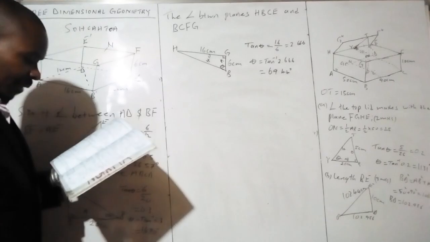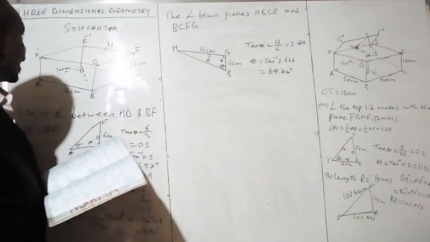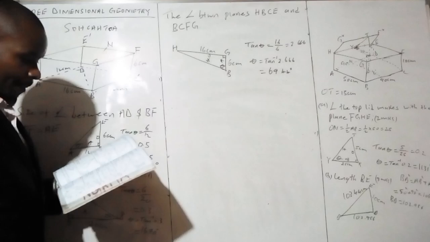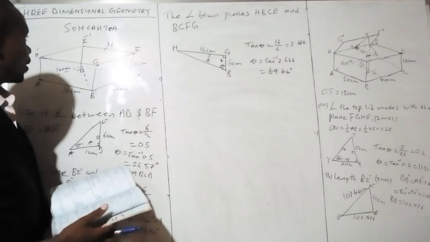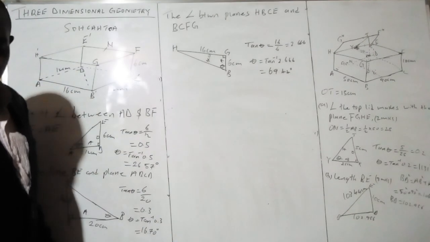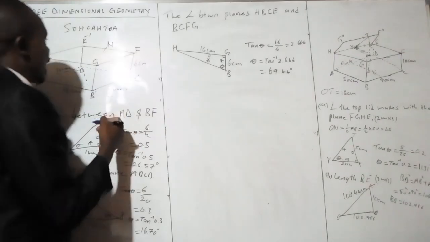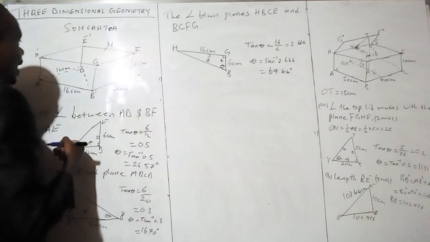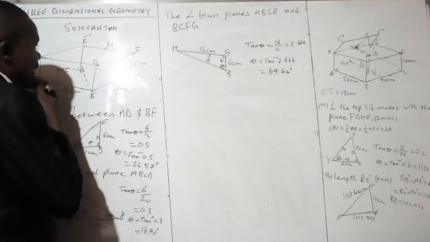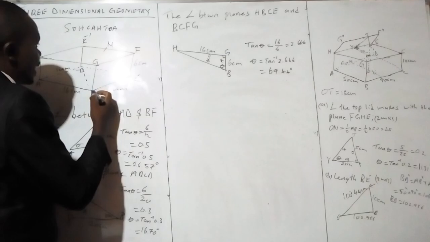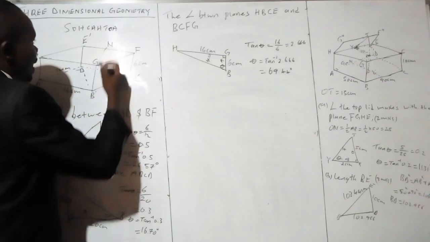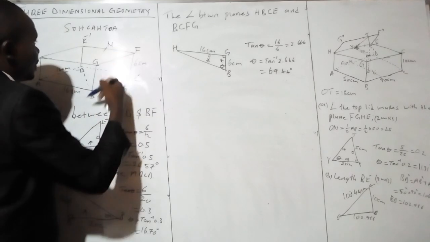Correct to one decimal place. Calculate the length BN. Yeah, so BN. Again, we can extrapolate BN.